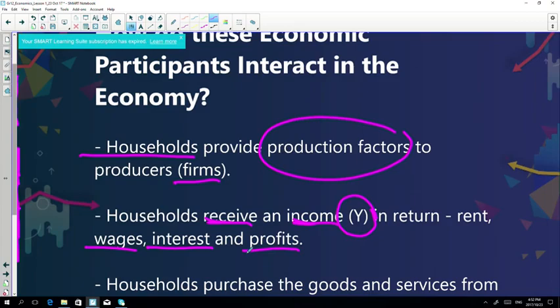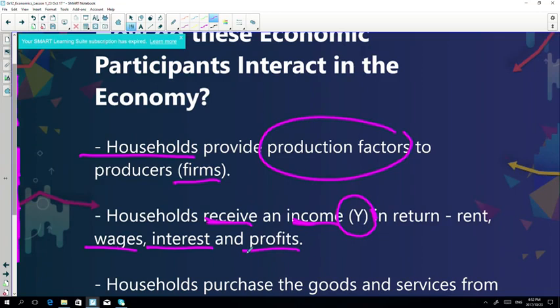So when I spoke earlier on about the return or the remuneration that we get as households, I showed you that for entrepreneurship, it's profit, for capital, it's interest, for labor, it's wages, and for land, it is rent. Okay, so that is the remuneration from the factors of production.